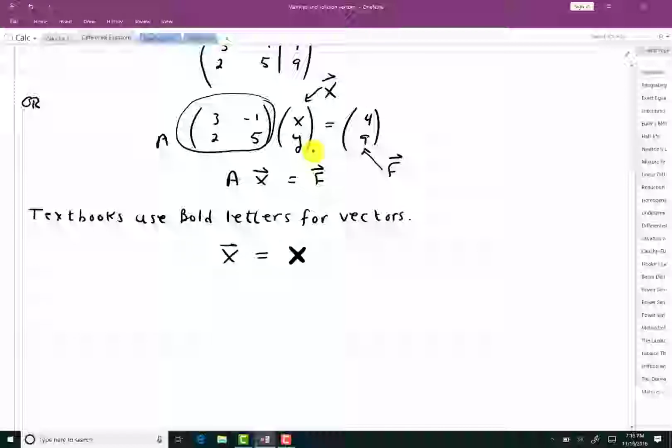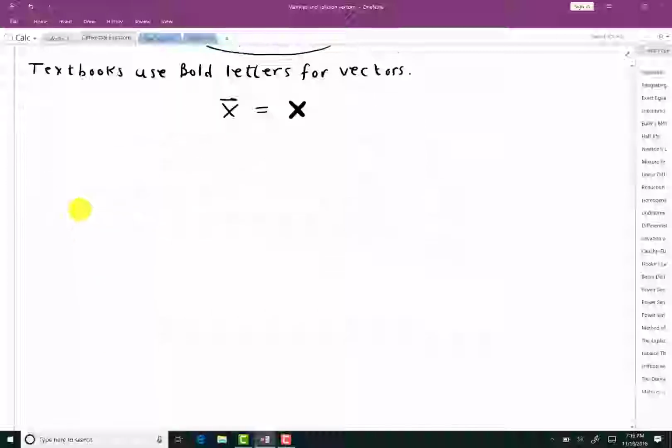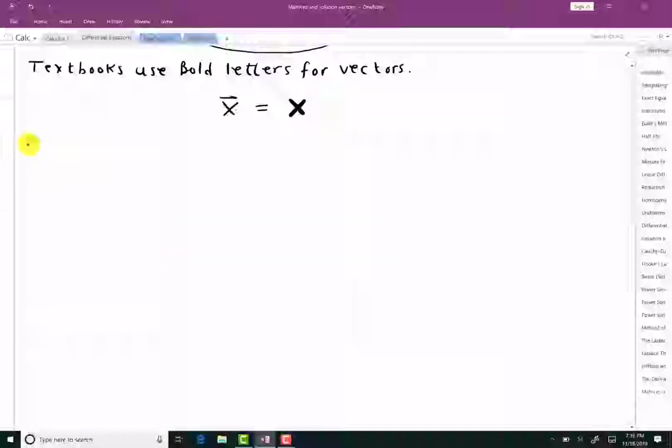So anyways, this type of equation is the kind we're going to be looking at in solving systems of differential equations. So to start off, as my first example, write the system in matrix form.